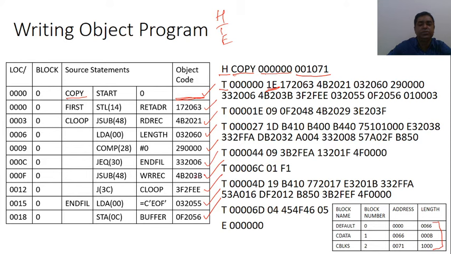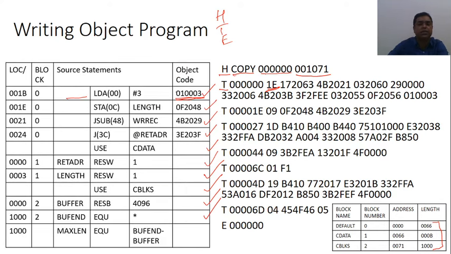Then 4B203B. Then 3F2FEE. Then 032055. Then 0F2056. Then 010003.